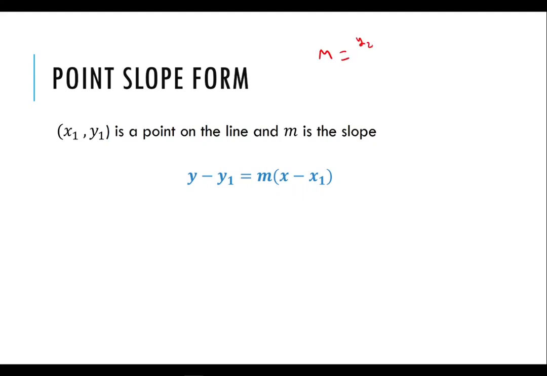M is equal to y sub 2 minus y sub 1 over x sub 2 minus x sub 1. And then if you solve this thing, you can multiply both sides by x sub 2 minus x sub 1, and you're going to get the form that we have below, y minus y sub 1 is equal to m times x minus x sub 1.